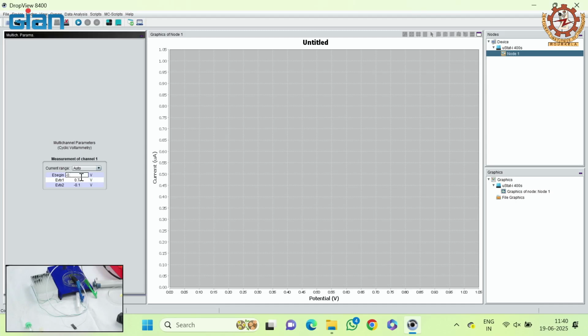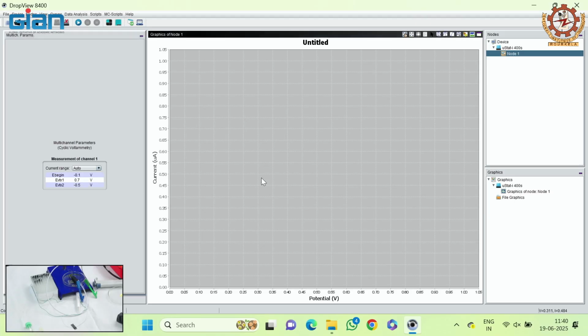So, E begin is set at minus 0.1 volts. And the other voltages are at, the positive maximum is at 0.7 volt and the negative minimum is at minus 0.5. So, your voltage will sweep from minus 0.5 to plus 0.7, the starting voltage will be minus 0.1. So, now we are ready to start the CV scan.